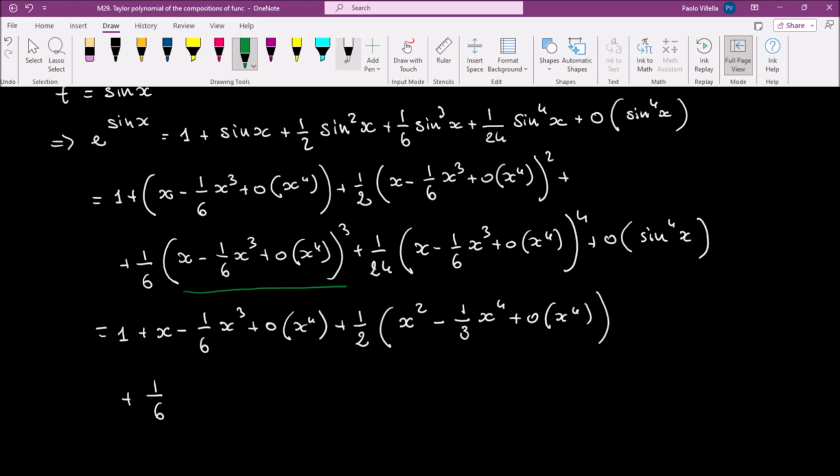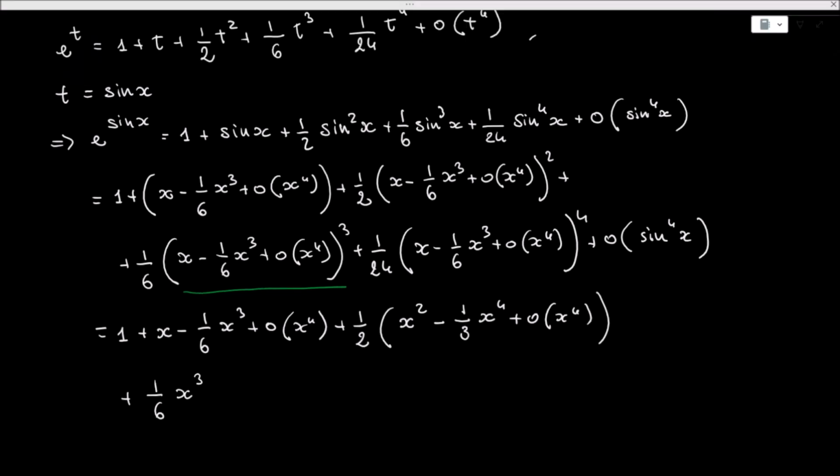So we just have 1/6 x to the cube plus little o of x to the fourth. And from the last one, of course, we just have 1 divided by 24 x to the 4 for the same reason, little o of x to the 4 plus little o of sine to the fourth of x.